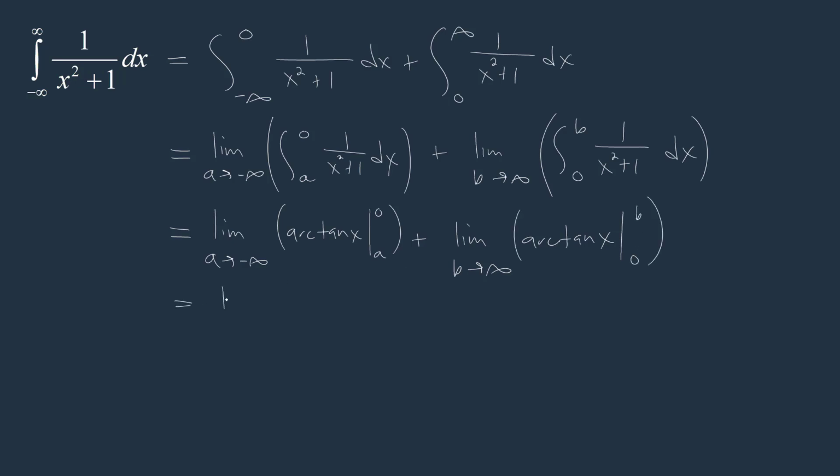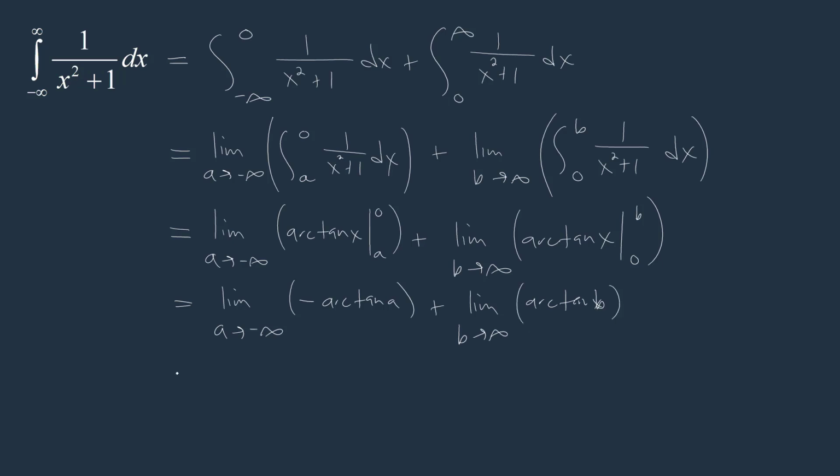That is then the limit as a were to decrease without bound of, well, it would be the arctangent of 0, which is 0, and the arctangent of a. So I have the negative arctangent of a, and then I'd have plus the limit as b were to increase without bound of just the arctangent of b.